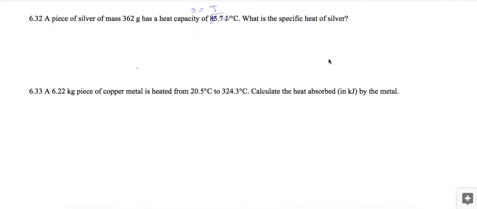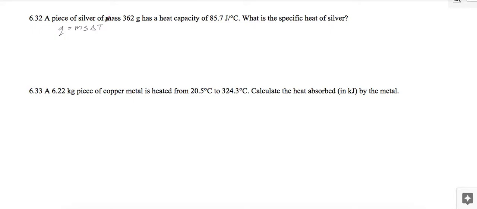All right, now we get into some application questions related to enthalpy and heat. We use this equation, Q, which is heat, is equal to mass times the specific heat times the change in temperature.